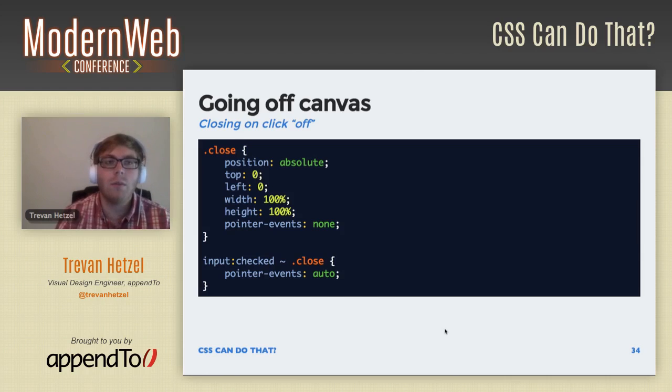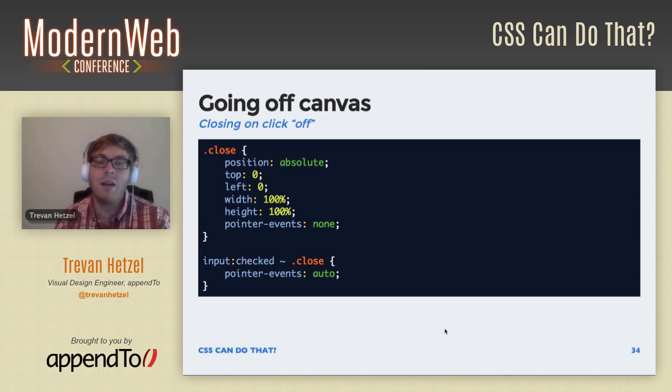And with the way the z-index stack works, you wouldn't be able to click on anything but that. But if we set the pointer events to none, basically what that means is it allows it to really be like a ghost element, and you can stick your hand through it. You can click through it to elements underneath it in the z-index stack.